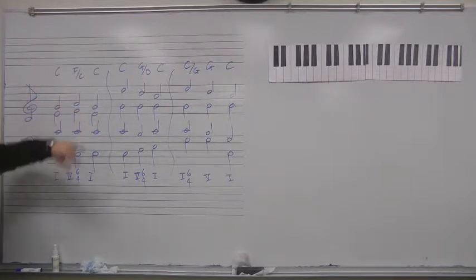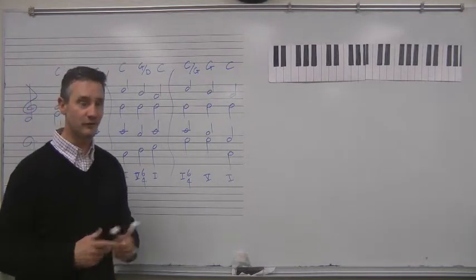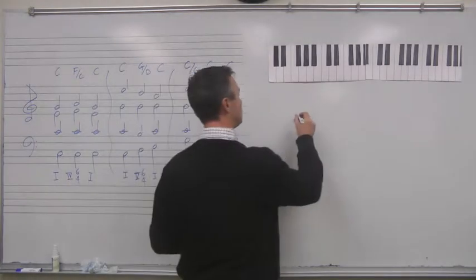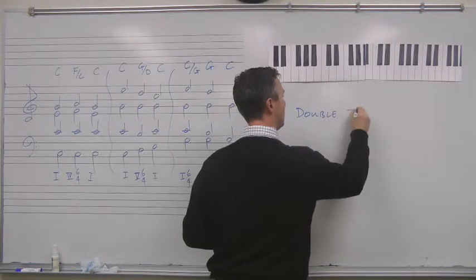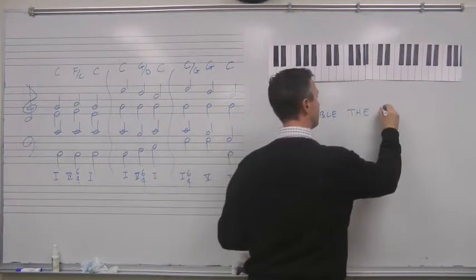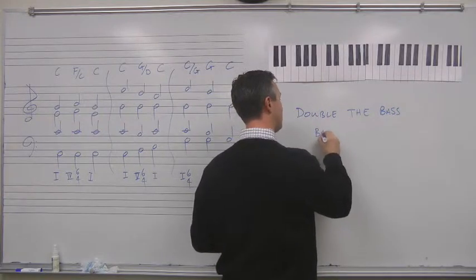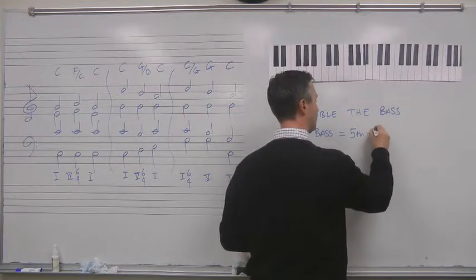And the other notes move around it. That is our first hard and fast rule, if you will, guideline, but rule for second inversion chords: you double the bass. And because it's a second inversion chord, the bass is the fifth of the chord.